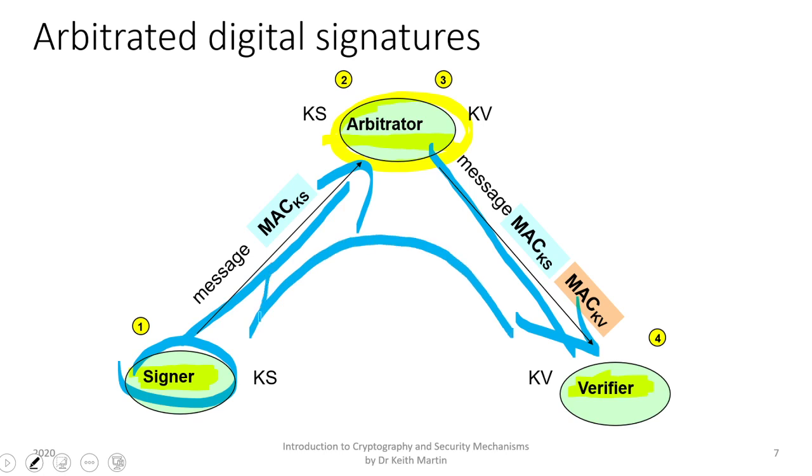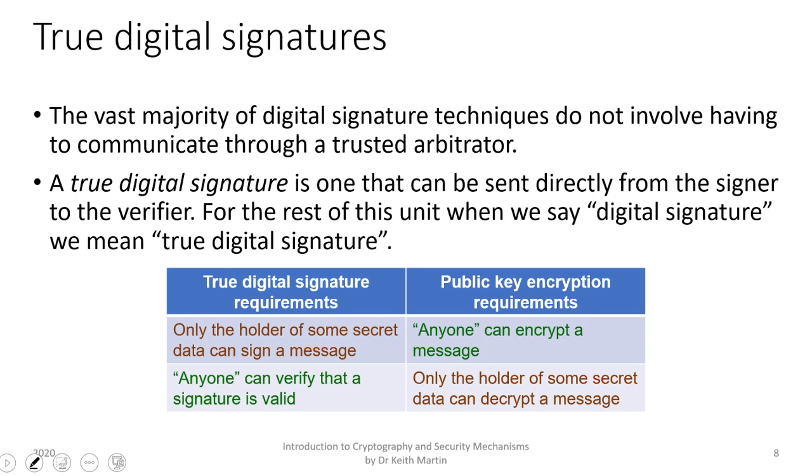And all the communications will happen through this third party. But when we think about the digital signature infrastructures that are most commonly used, the vast majority of them do not involve having a trusted third party in between. One of the main requirements with using an arbiter is that it must be a trusted arbiter, and so we should place our trust in a third party to do the verification there.